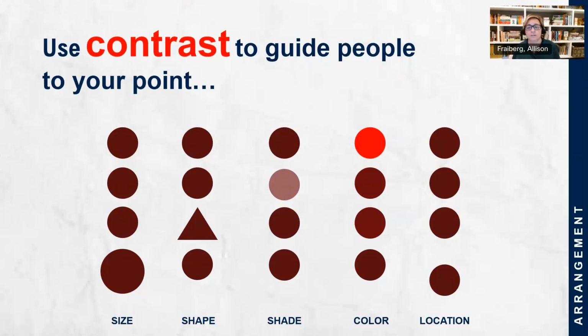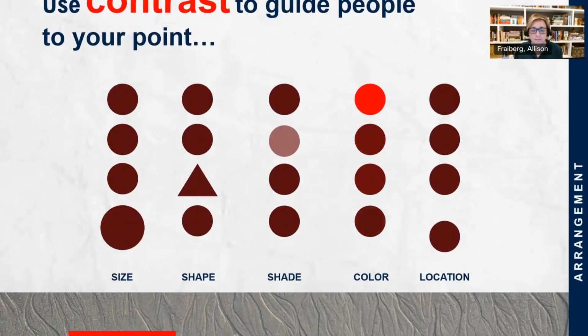What you'll notice that I do is I tend to use color. I tend to use a pop color to draw your attention to a specific area of the slide. You can also work on location, change the location of the item from where you expect it to be and put it somewhere else, and people's eyes will be drawn there. So these are all ways to draw contrast and help people see what you want them to see.